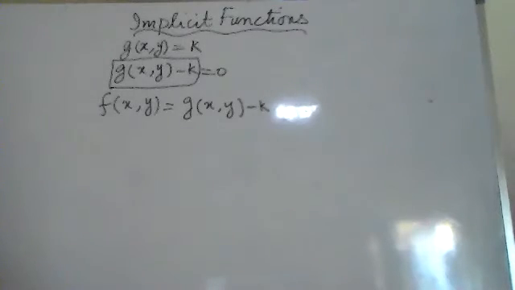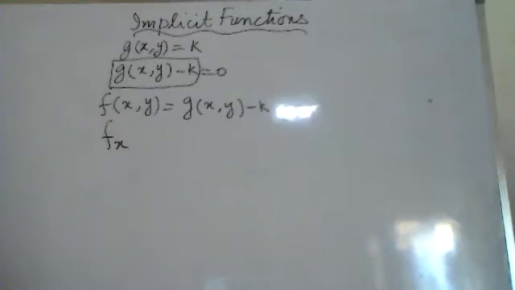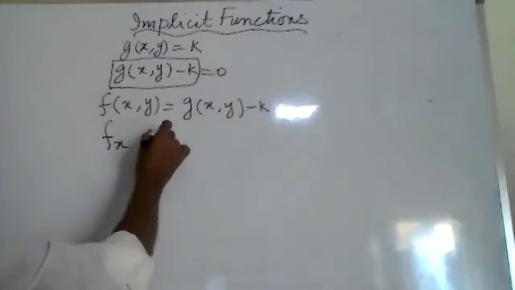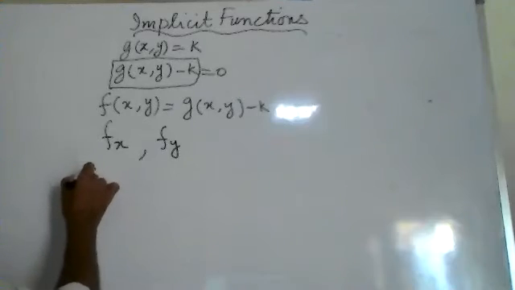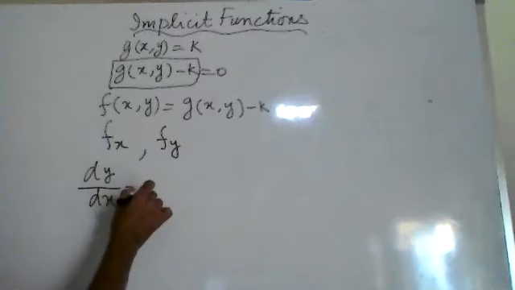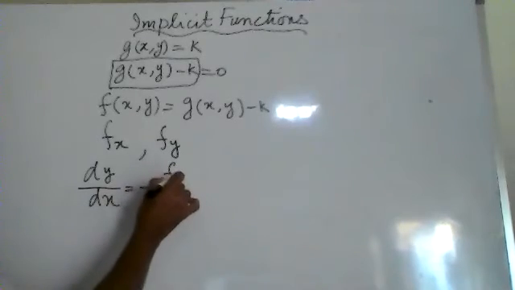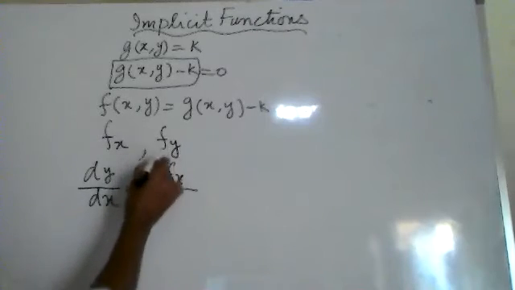We will take the partial derivative of f with respect to x. We will find the partial derivative of f with respect to y. So if we want to find dy upon dx, the formula will be minus the partial derivative of f with respect to x upon partial derivative of f with respect to y.